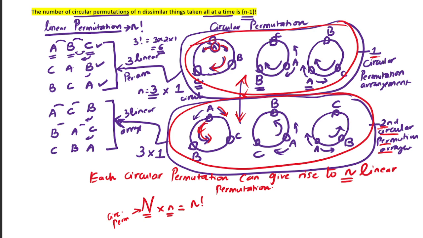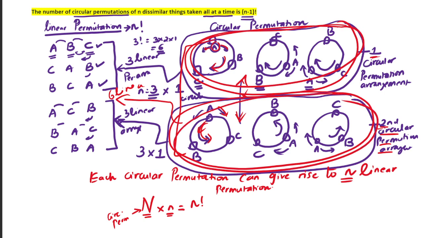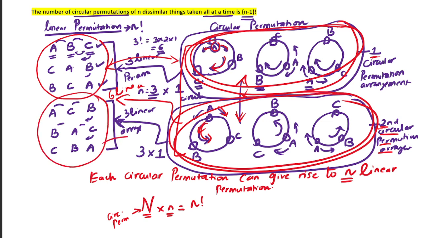Here you have 2 circular arrangements that led to 2 multiplied by 3, that is 6 linear arrangements, because these 3 are essentially the same in circular permutation, but in linear they are different. Here again, these 3 are different in linear, but the same in circular. So that's why the number of circular permutations multiplied by the number of things gives you the linear permutation possibilities.